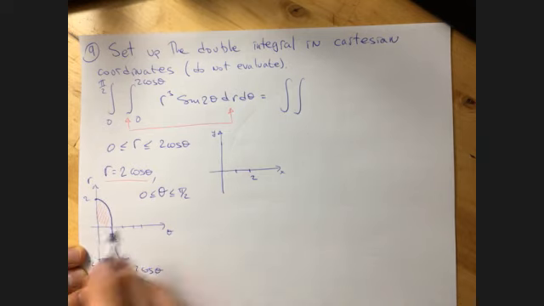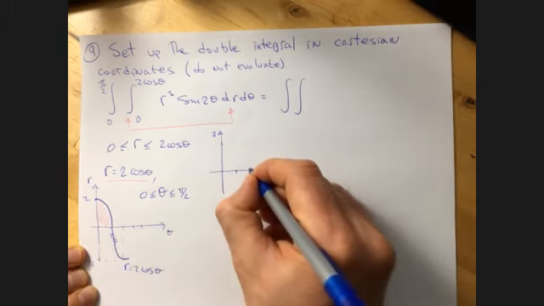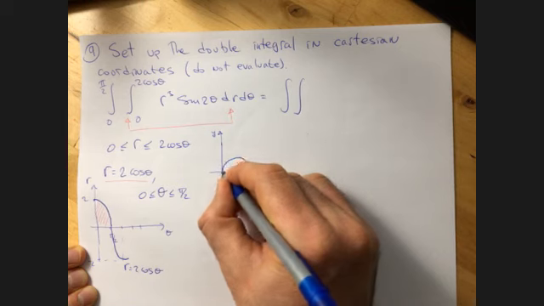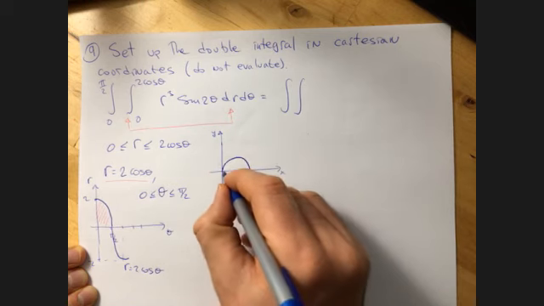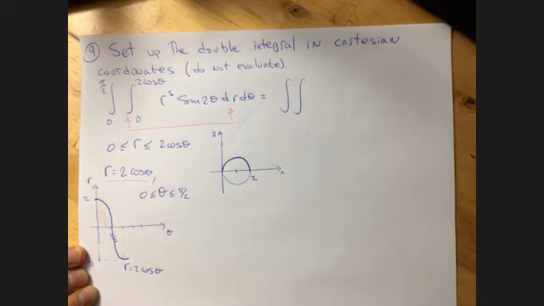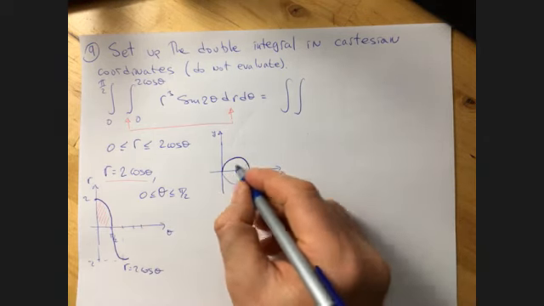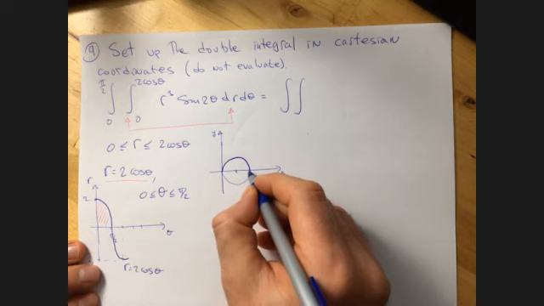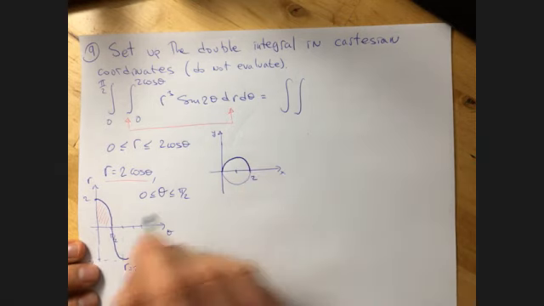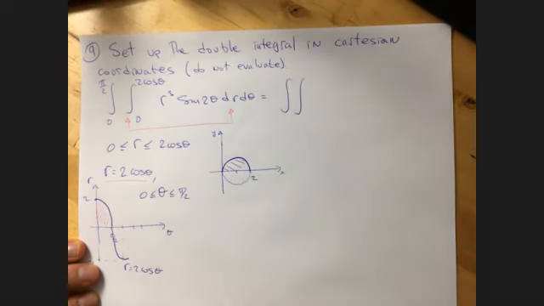As theta goes towards pi over 2, the radius diminishes to 0, and then it completes the circle. When theta goes all the way to pi, this circle is completed from 0 to pi. We've talked about this. But because theta goes only to pi over 2, we're just talking about this semicircle, okay?